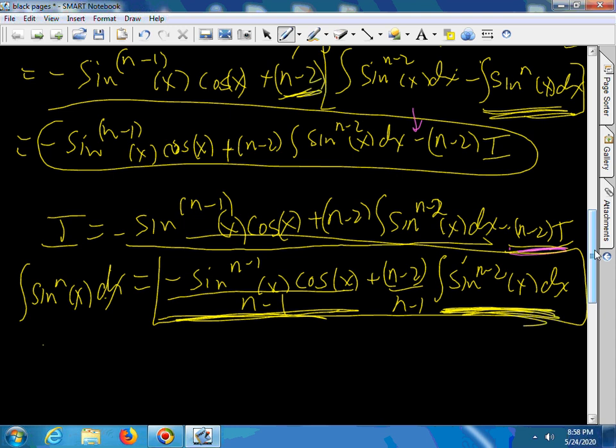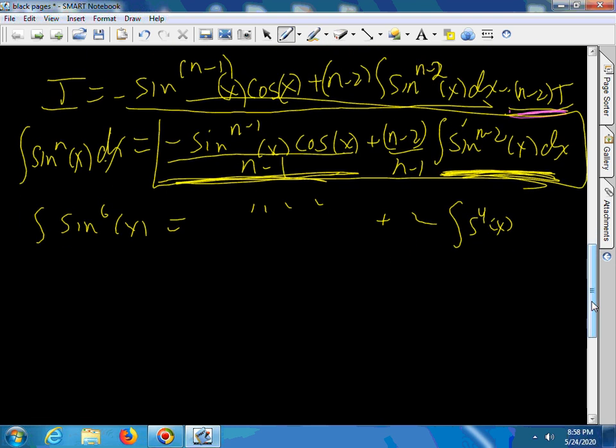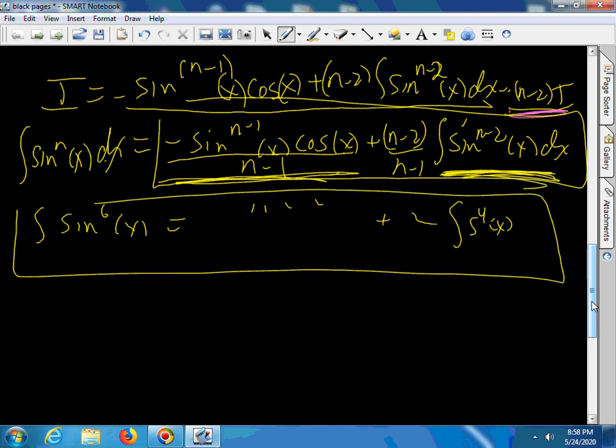If you have sine 6 of x, you'll get this stuff plus some constant, but then you'll have sine 4th of x. So what you do is you hold on to this, because you have to figure out what this is, and then you have the integral of sine 4th of x dx.